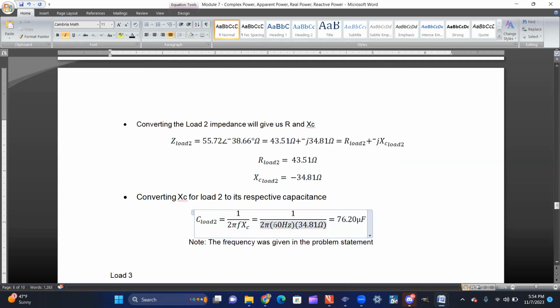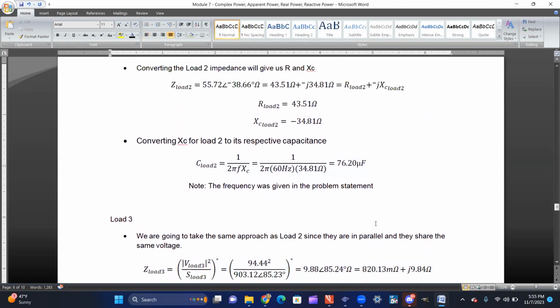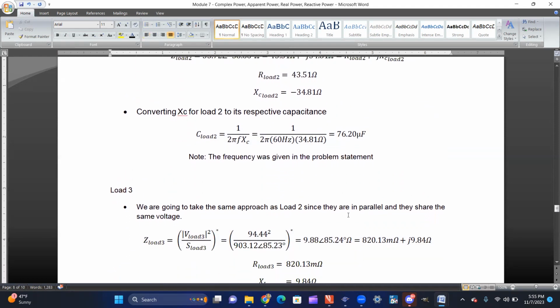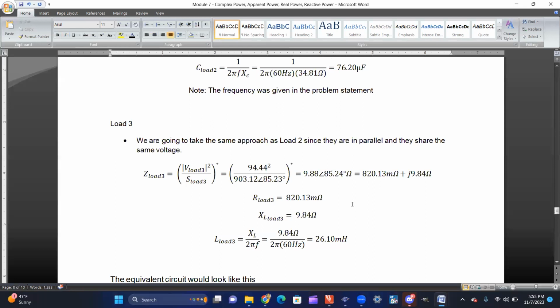And so you just plug and chug. So 60 hertz that was given in the initial problem, which is the frequency, and so you get 76.20 microfarads. And so we can take the same approach for load 3.